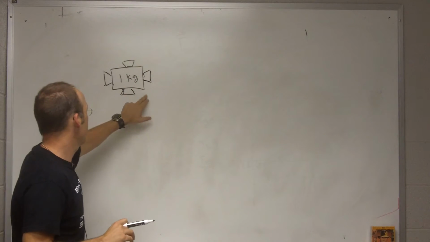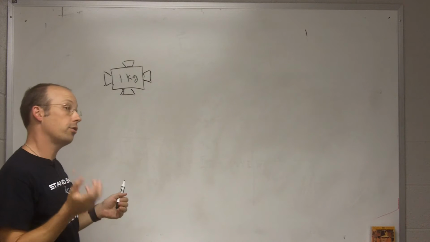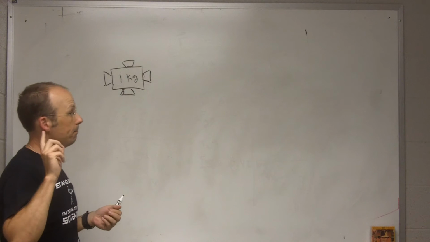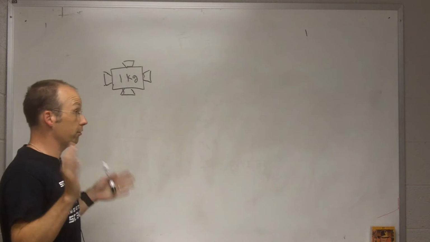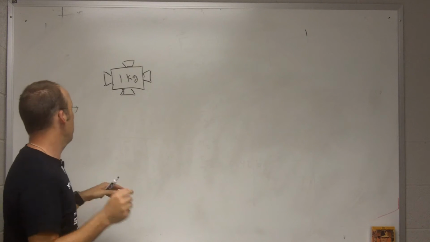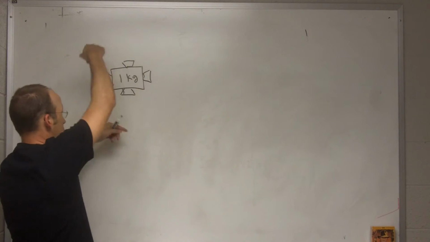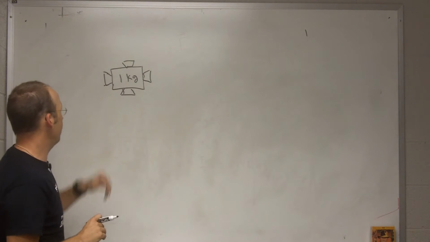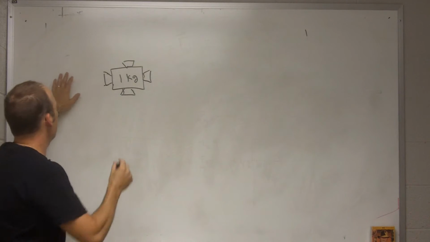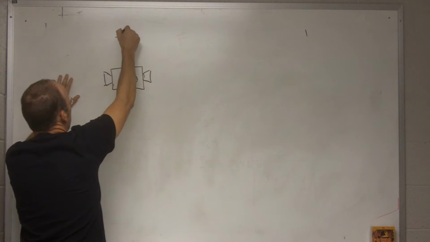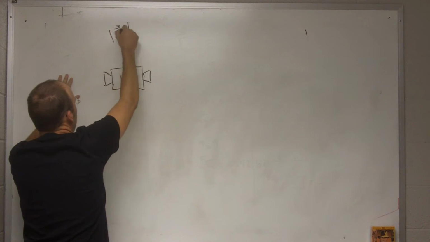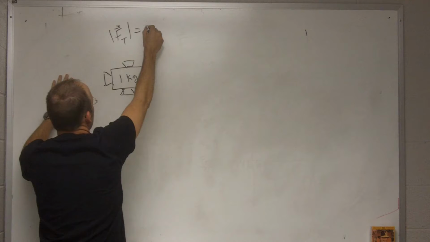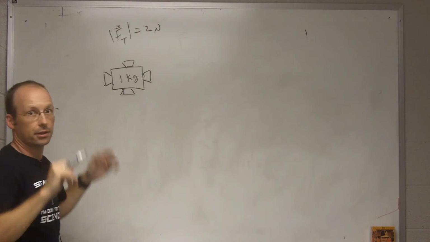They actually want to use these kinds of things in the space station. It looks just like there's no gravity, so you can go psh, psh, psh, and it can move around. Suppose the thruster force, Ft, has a magnitude of, I'm just going to say 2 newtons.